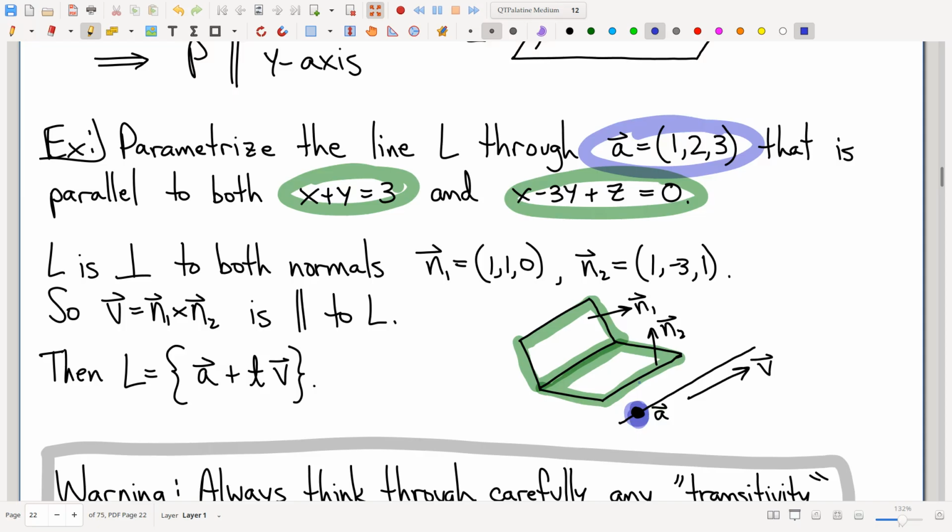I'm interested in the line that goes through that point parallel to both of the planes. That's the line L that we want to find. But specifically, I don't just want to know the line L. I want a parametrization of that line L. So how are we going to parameterize that line L? Does everybody see the question? Everybody cool with the setup?